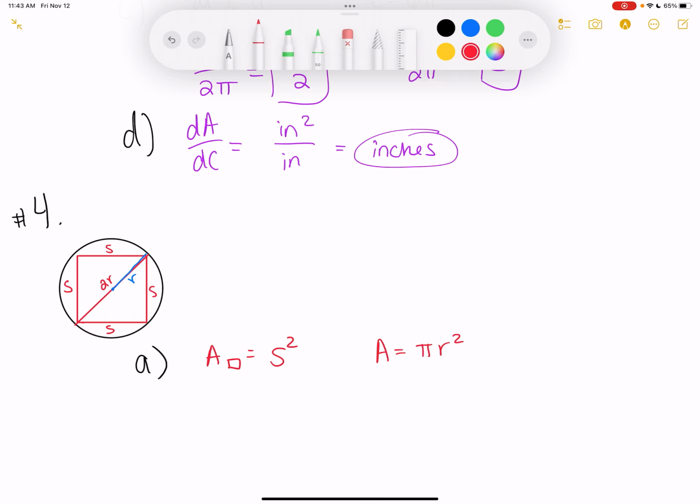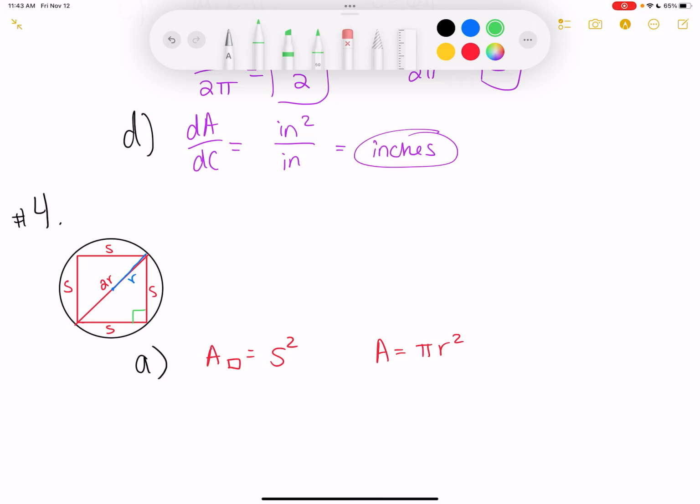Now, would you agree that I have a right triangle right here? Yes. So based on the fact that these are both 1s, this is the sine of 45, a special triangle.